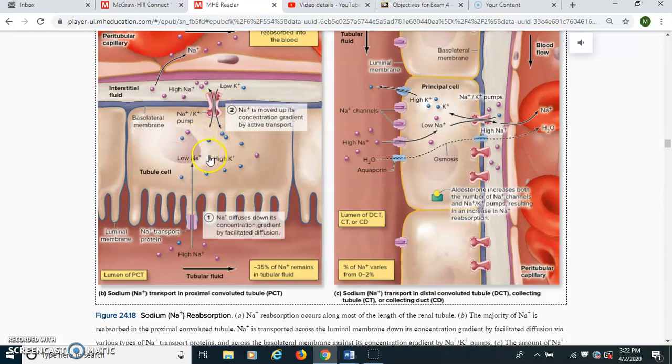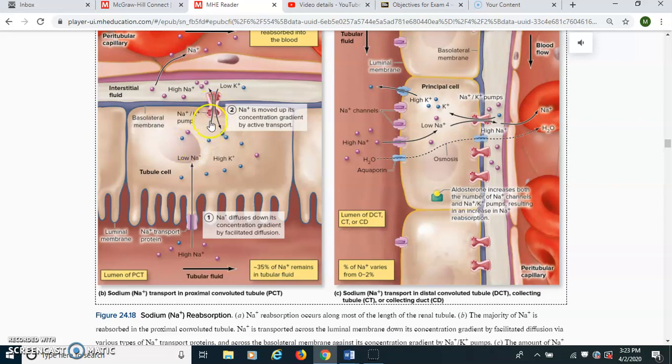We have sodium potassium pumps working to pump sodium out and bring potassium in. So potassium is always higher in the cell, and sodium is always higher outside the cell. So we're usually going to have a lower sodium inside cells. The higher amount of sodium in the tubular fluid is going to use just a little transport protein in order to get into the tubular cell.